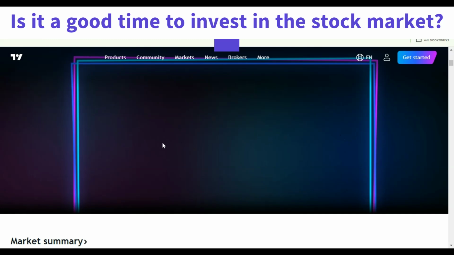That's the first. Secondly, you have placing orders. Once they have identified stocks they want to trade, traders place buy or sell orders through a brokerage platform.